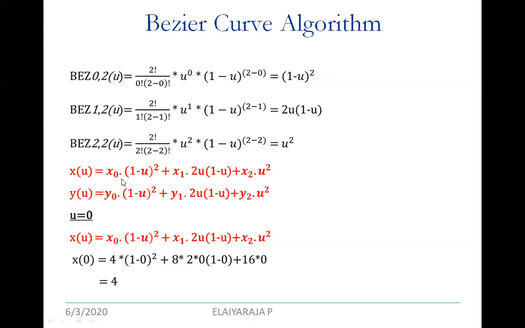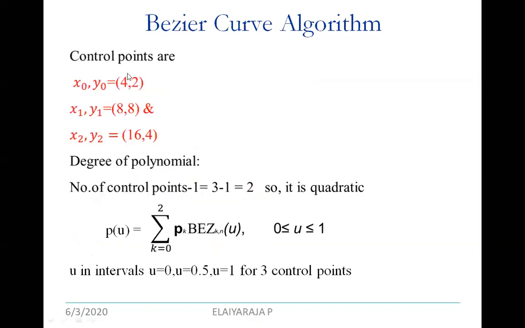It says xk times the Bezier function of the particular point. Okay, so when you apply here, how many control points do you have with respect to x? x0, x1 and x2. Similarly with respect to y: y0, y1 and y2.